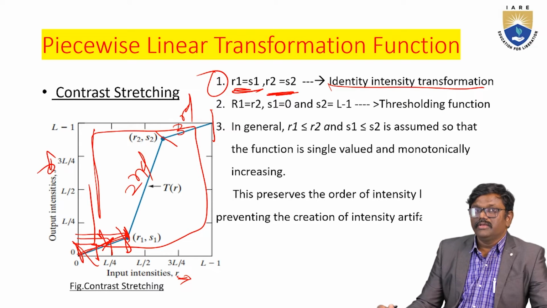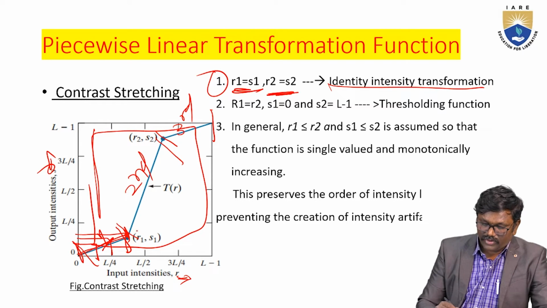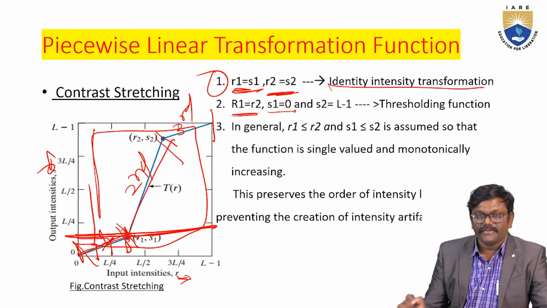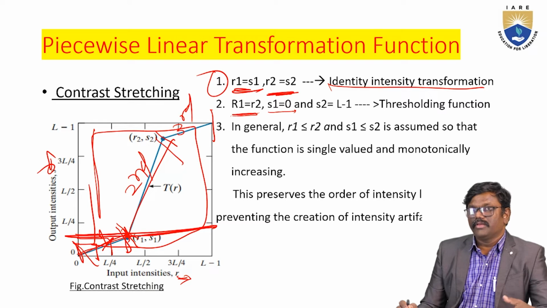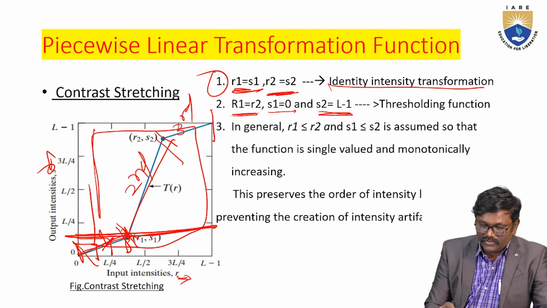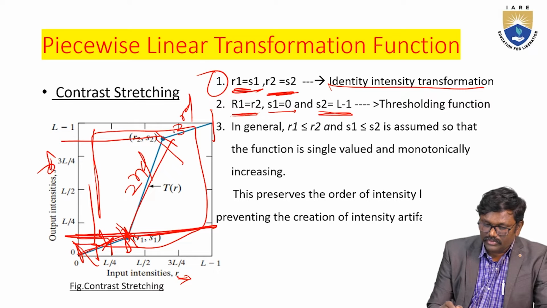Next, we go to the second part, that is this part. You see, r1 equals r2, that is a change. So s1 will become 0. It does not change; initially it is there only, not growing. Next, s2 will become L minus 1. That is what your value is.